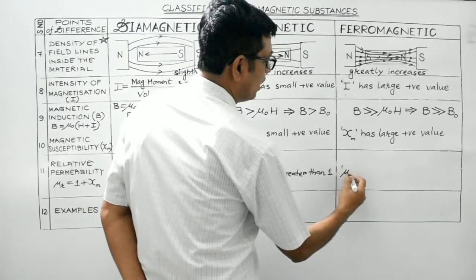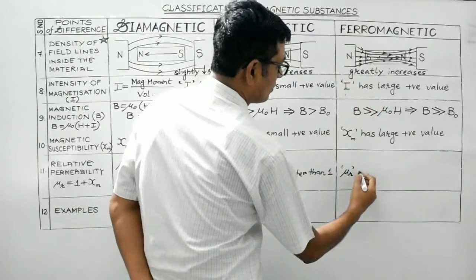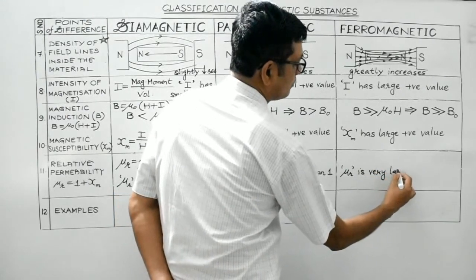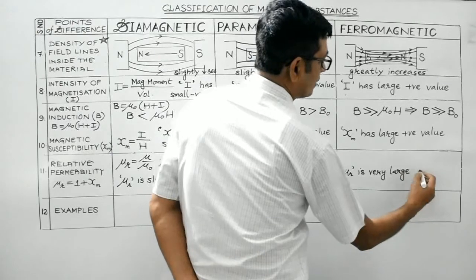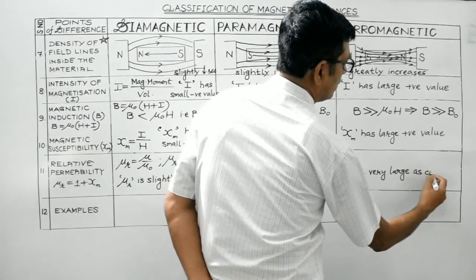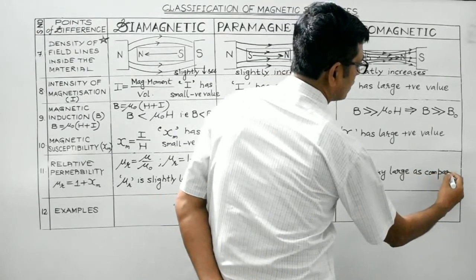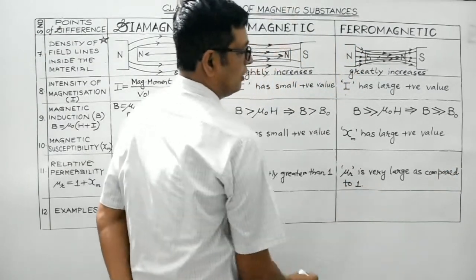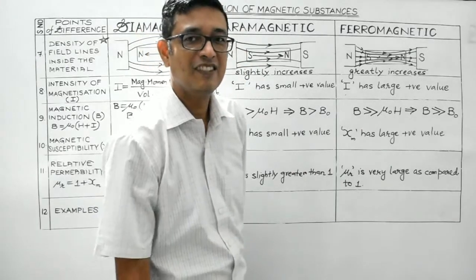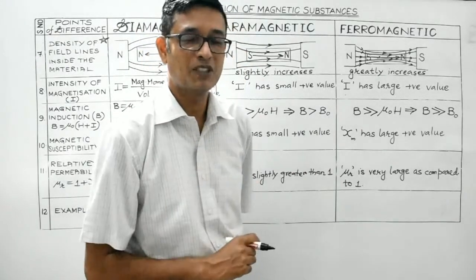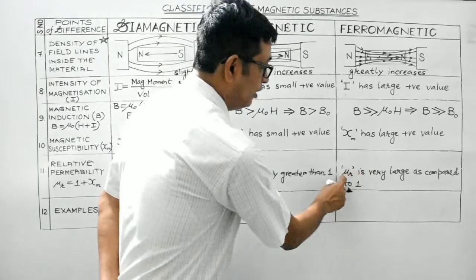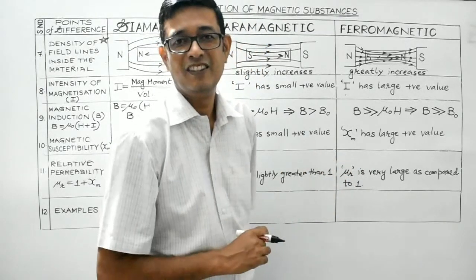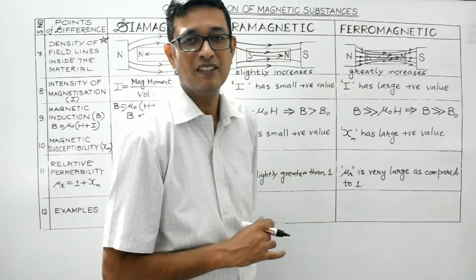So the value of mu r for ferromagnetic substance is very large as compared to 1. For example, soft iron. It's a ferromagnetic substance. The value of mu r is about 800. So it's very large as compared to 1, isn't it?